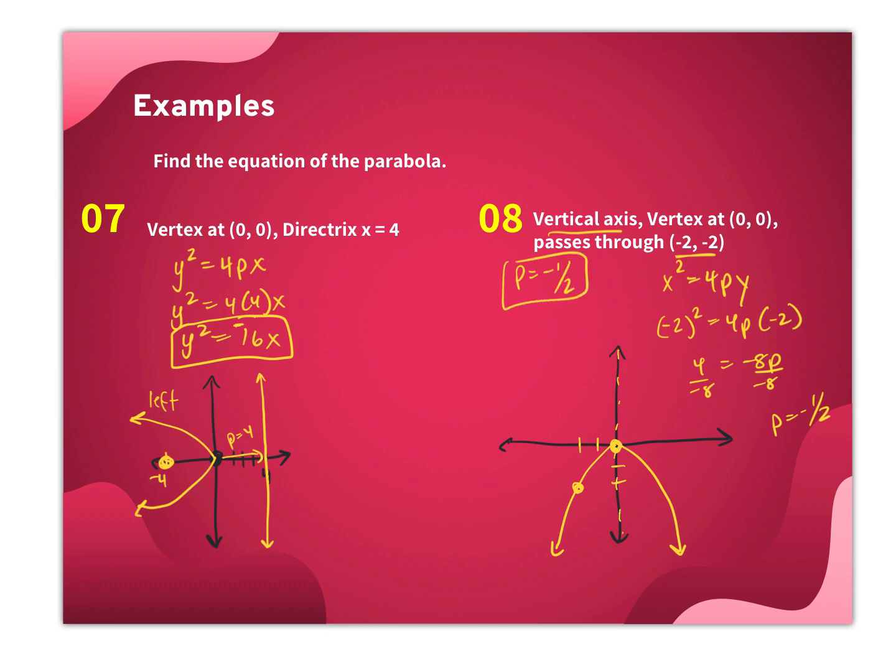And then I'm going to come back to the original equation. x squared equals 4 times -1/2 y. x squared equals -2y. Notice that the a value is negative, and that's exactly what I need because it opens down. So I know it has to end up being negative, and that's good. There's my equation.